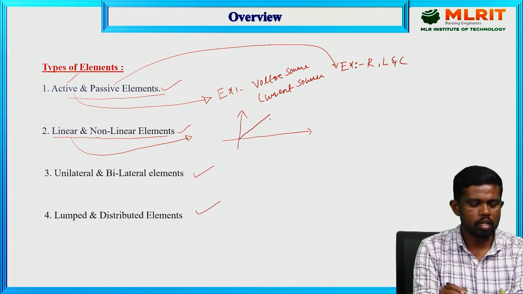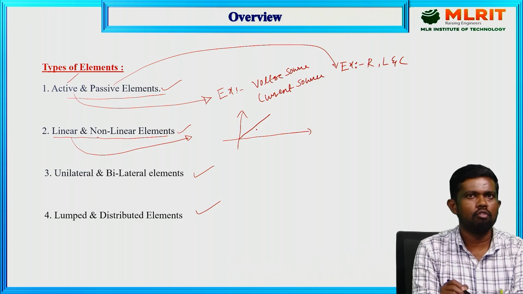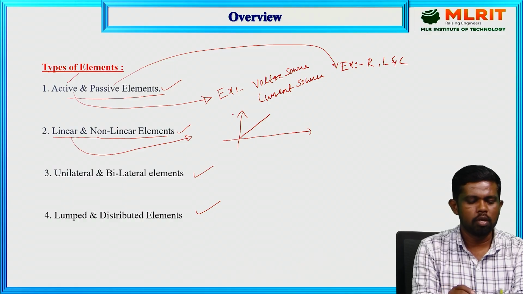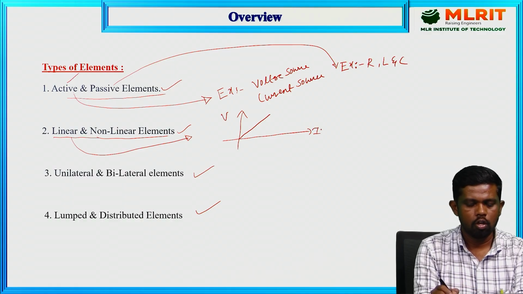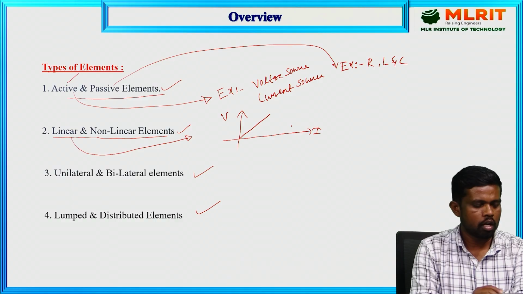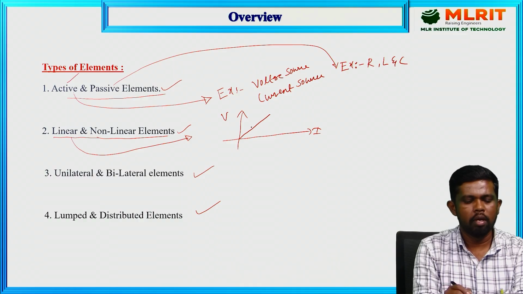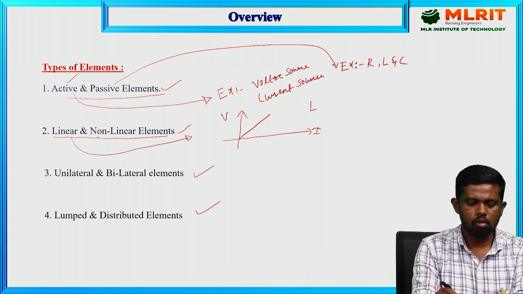It must be a straight line, obey Ohm's law, and maintain a constant slope between voltage and current. Such elements are simply called linear elements.